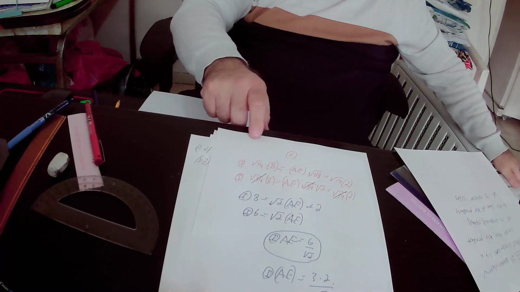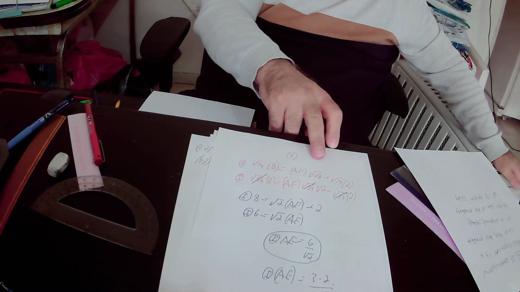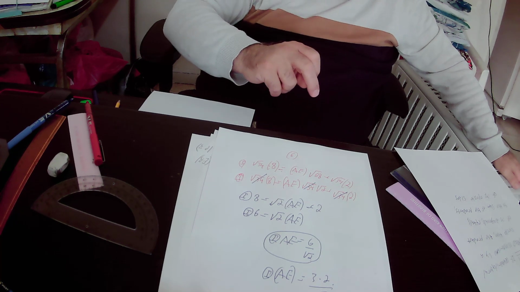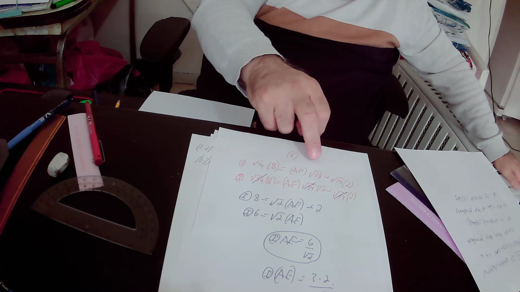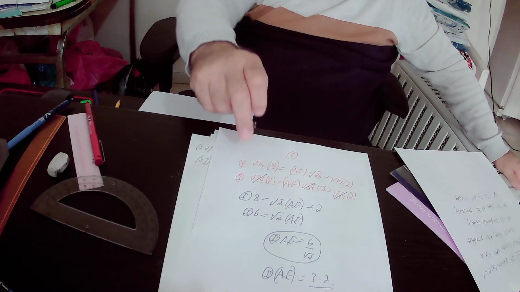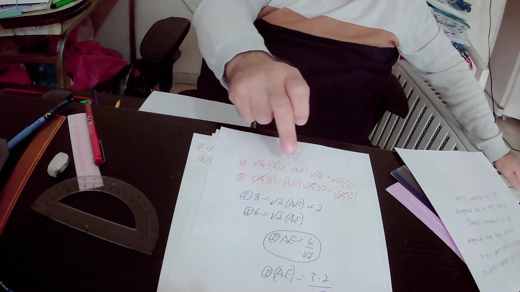So we know that square root of 68 is actually square root of 34 times square root of 2. Okay, so we substitute square root of 68 by square root of 34 times square root of 2. Here we divided equation number 1 by square root of 34.